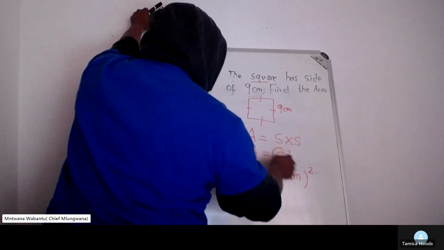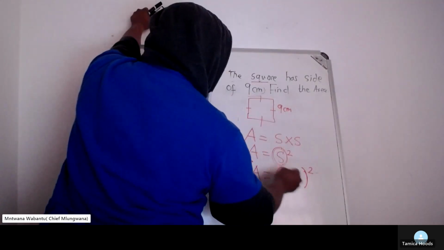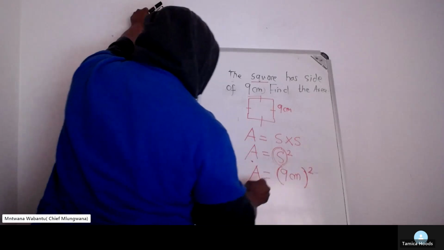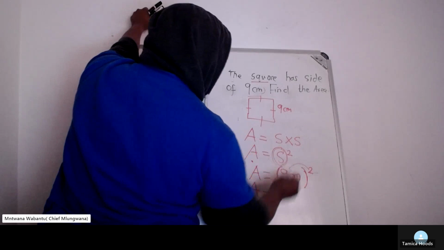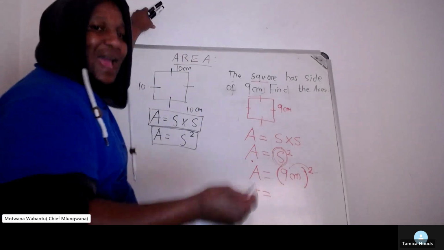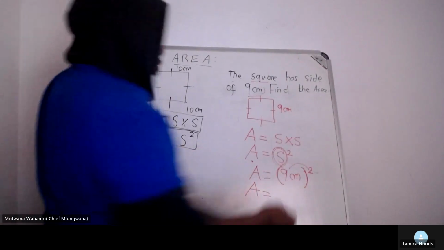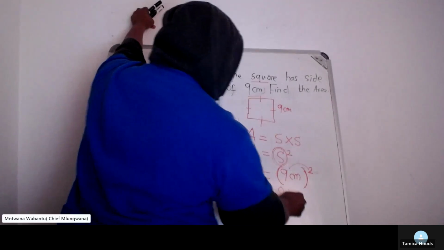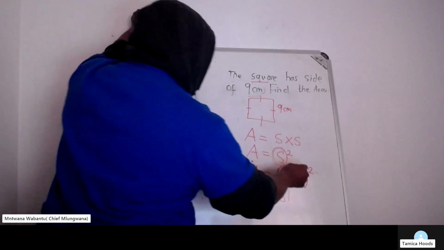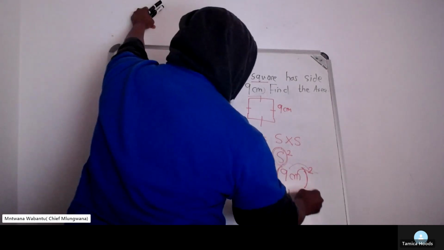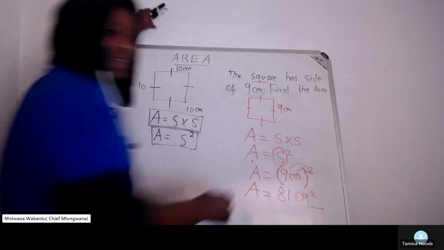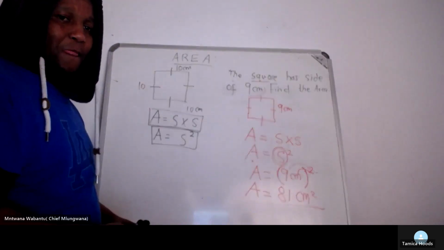Then I'll say my area equal to 9 square. What is 9 square? 9 square is 9 times 9, which equals 81. And centimeter square means centimeter times centimeter, which is still centimeter square. And that's the area of a square.